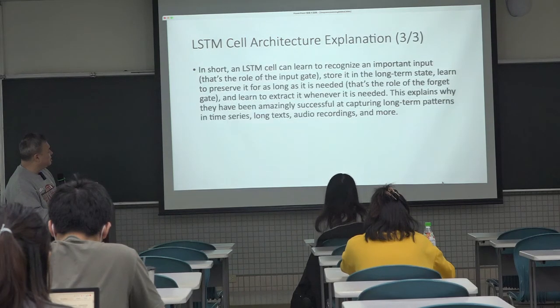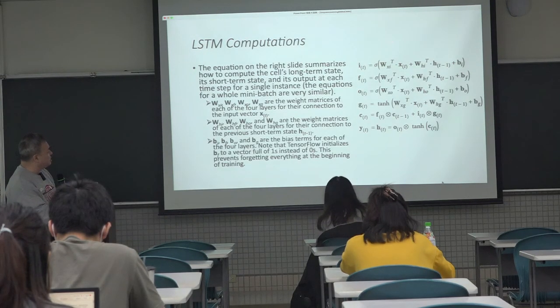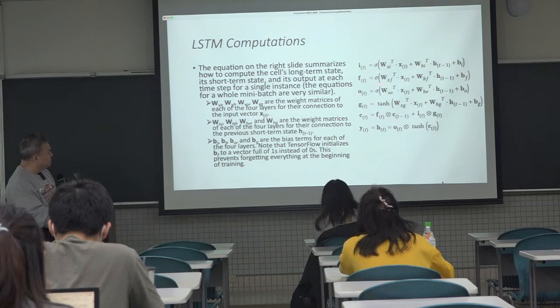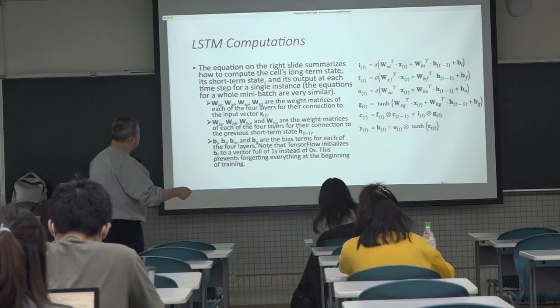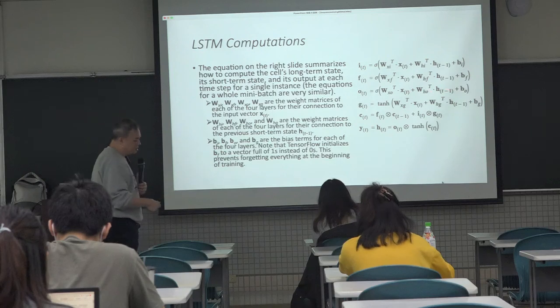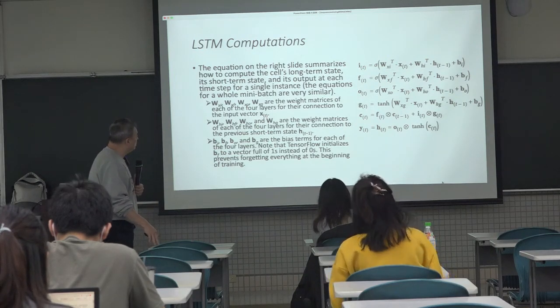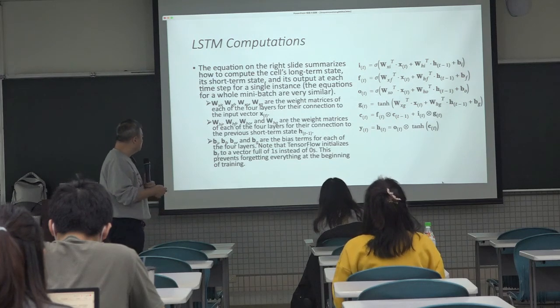But really, it shouldn't be too difficult to understand anyway, so I will skip these things. If you are interested, you can take a closer look. But basically, each of them is just a very basic perceptron, multi-layer perceptron calculation.